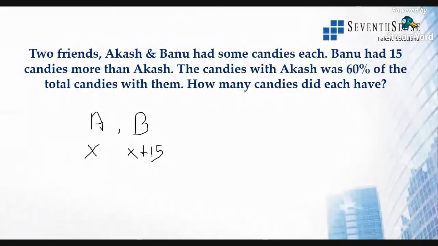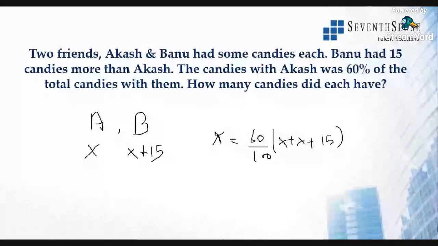So candies with Akash was X, which was 60% of the total candies with them. The total candies is X plus 15 plus X. Now if you find the X value, we'll get to know how many candies Akash had, and Banu had 15 more than that.